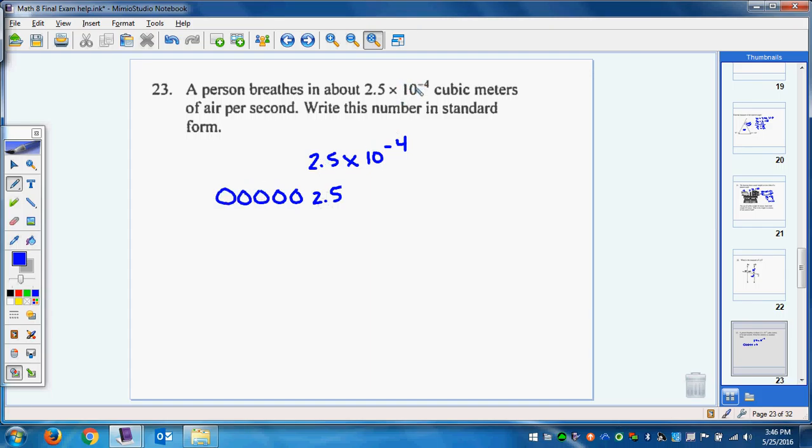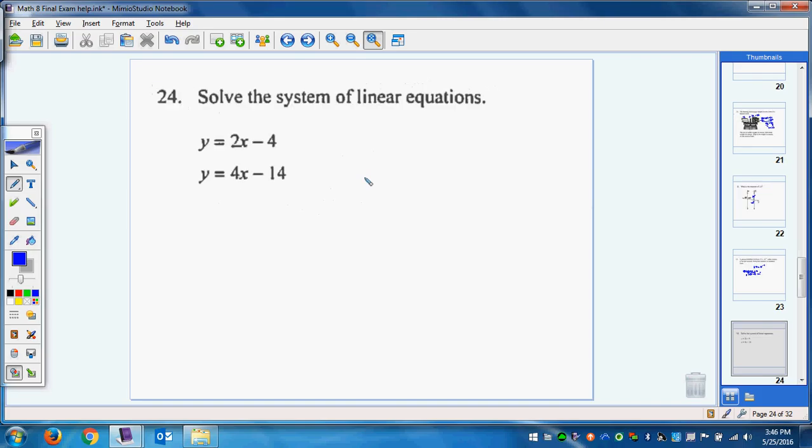Now it says move it 4 times, and I am going to get a small number, so make sure it starts with 0. So let's see, 1, 2, 3, 4. All right, so I don't need that one. So I've got 0 point, and then I've got 0.025. And that's called cubic centimeters, which is a volume. All right, small number, negative exponent, small number.